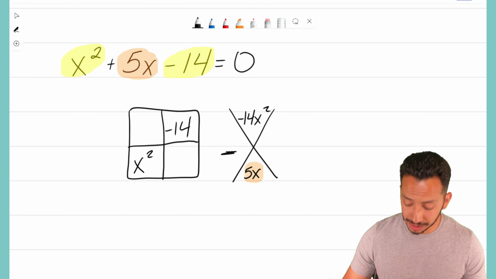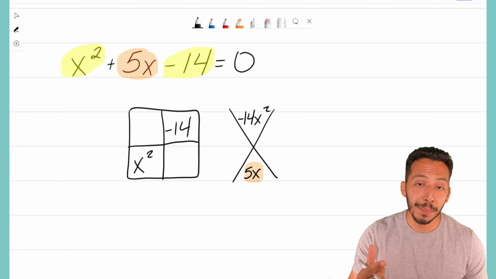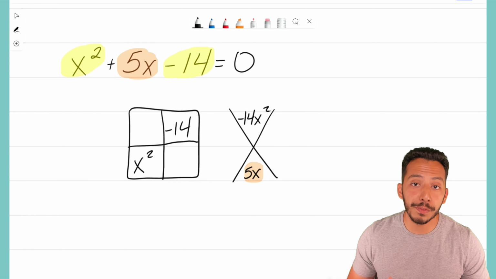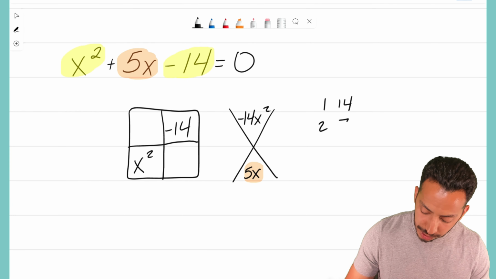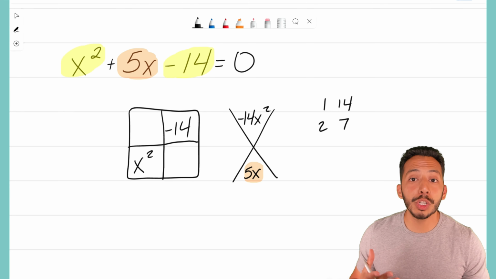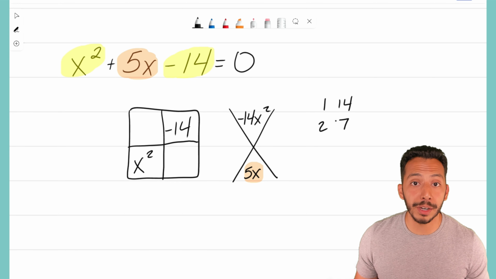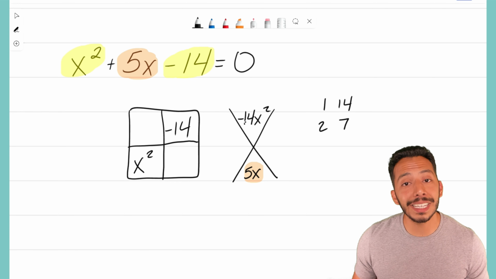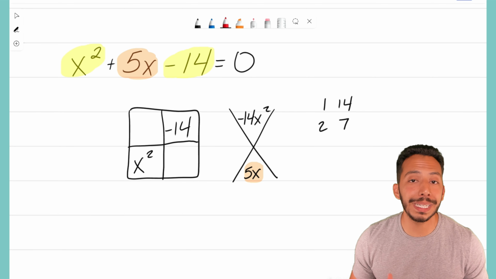Now, there are a couple of ways we can do that. Some of you might just know it off the top of your head, but one way is to list the factors of 14. I have 1 and 14, of course, and 2 and 7, and I think those are the only factors. We have to multiply one of these pairs to make negative 14, which means one of those terms must be negative.